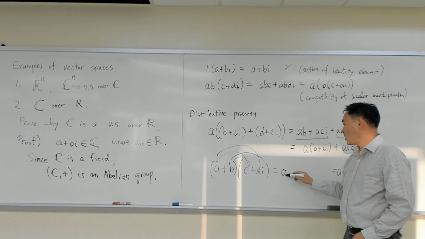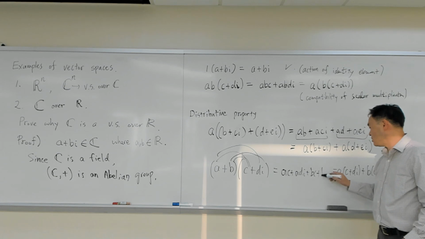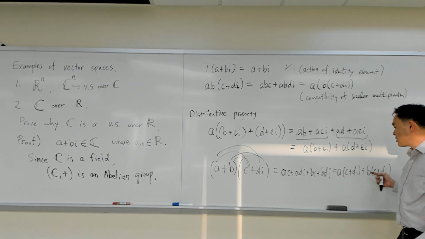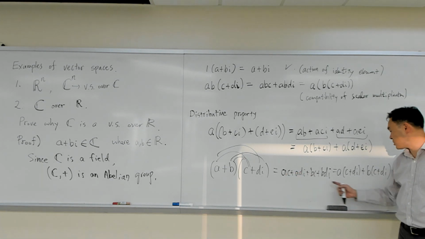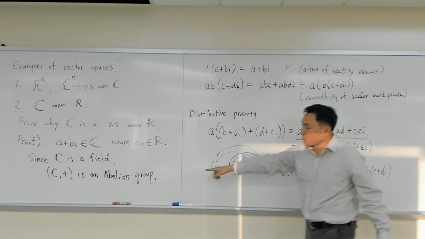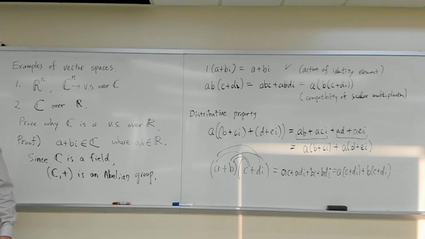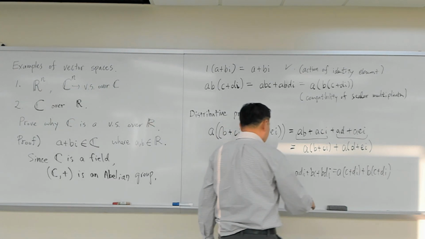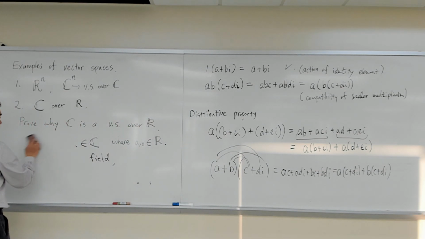So you have AC plus ADI plus BC plus BDI. And then now you ask, is this same as that? Well, of course, right? You factor the A out, you factor the B out. So that's true, so you're done. Okay, so that's the proof. And this is 1, 2, 3, 4. This is 4 properties. So we've proved all 8 properties and we're done. Okay. All right, so that's the proof.